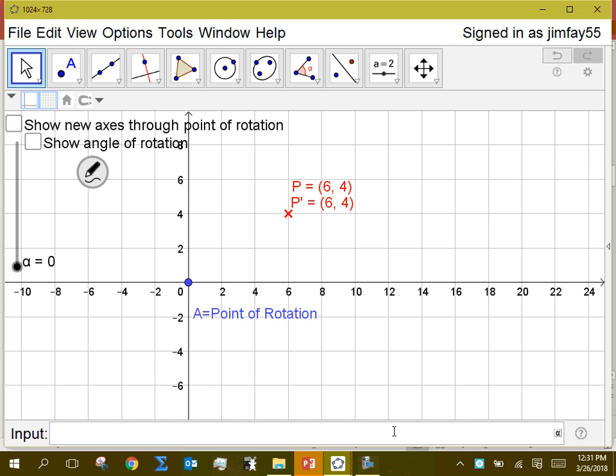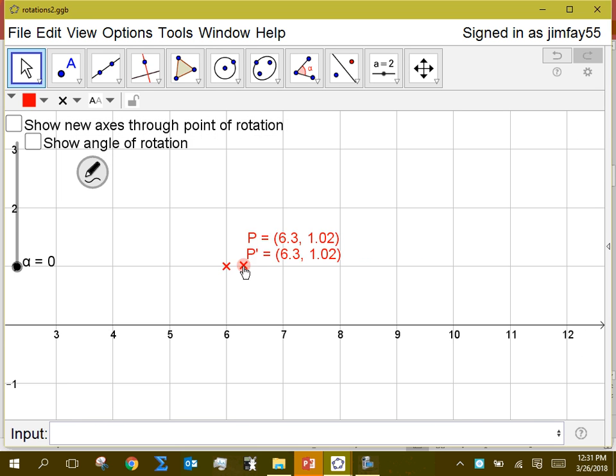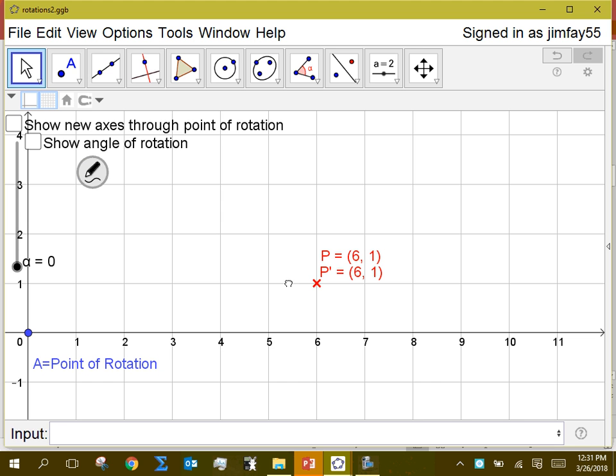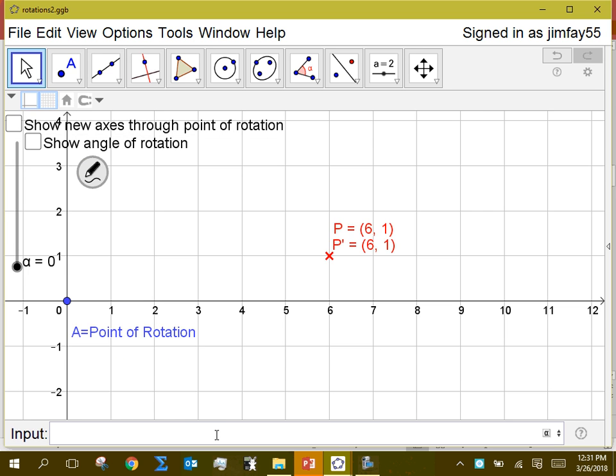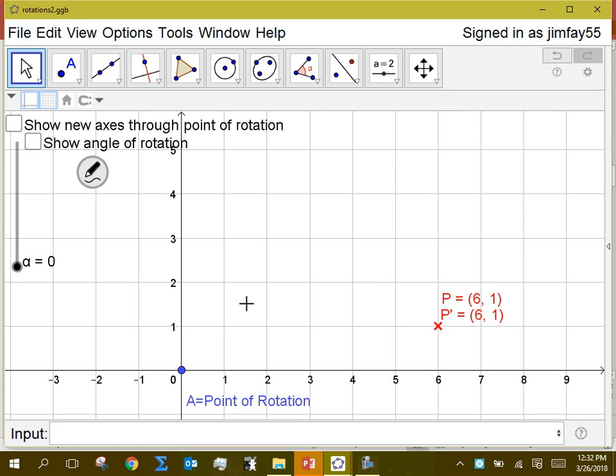All right, so we had the point 6, 1. Okay, so that point right there. We want to rotate it 90 degrees. So it became negative 1, 6, right? So plot that point.